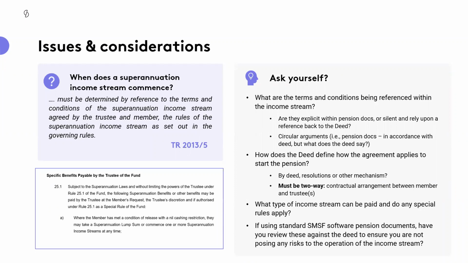So yes, sure, you could potentially utilize a set of resolutions or minutes as long as they naturally comply with some of the other requirements there around member acceptance and trustee acceptance, which is a critical piece to that, but it's not always the same.